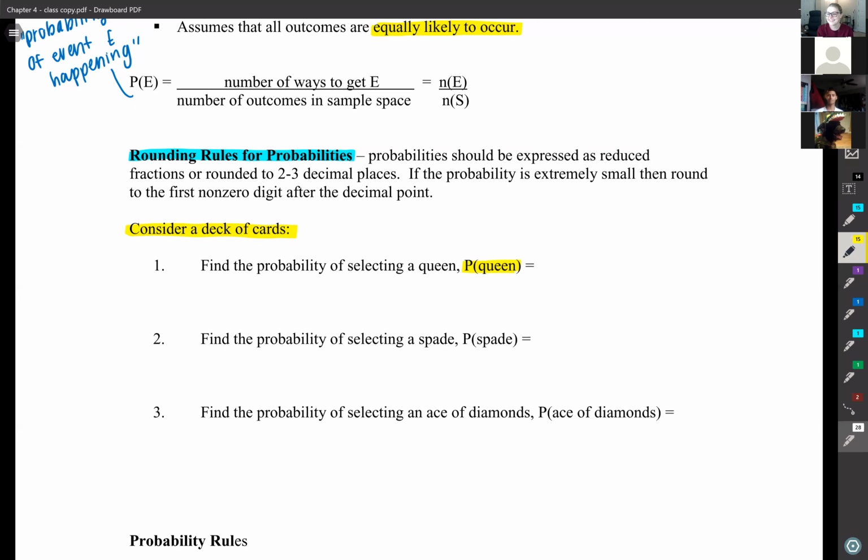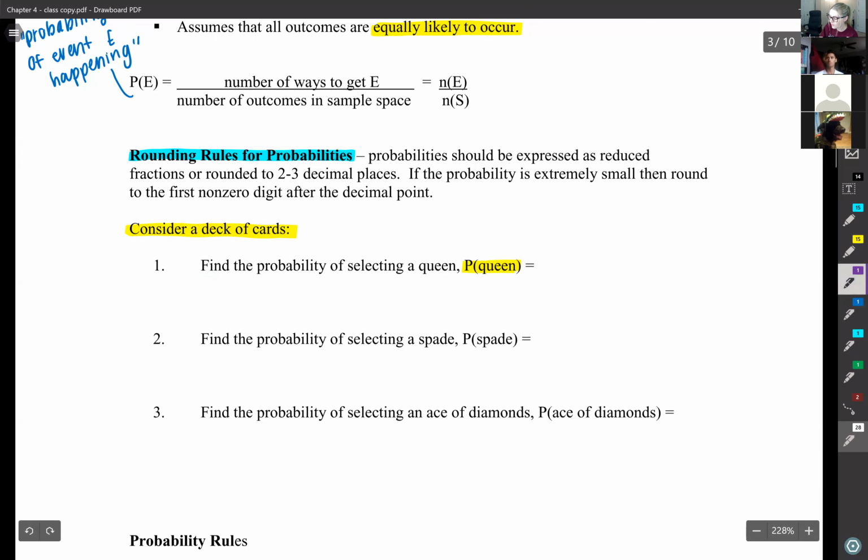Anyone know? 4. Perfect. Yes, thank you. There are 4 queens in a deck of cards. So your numerator, the number of ways to get a queen, would be 4.